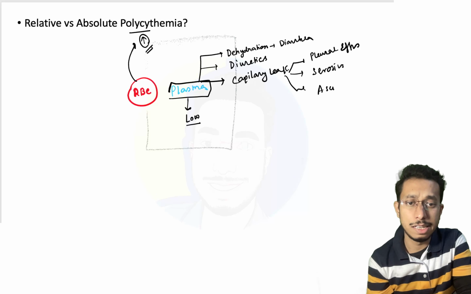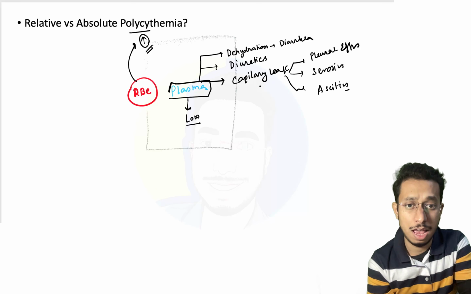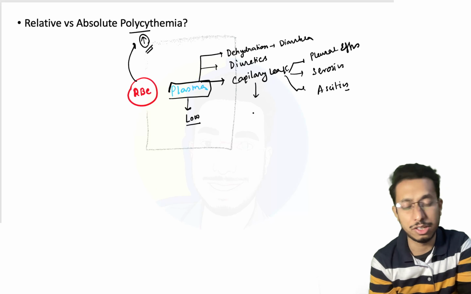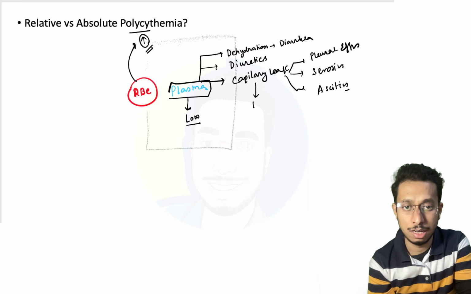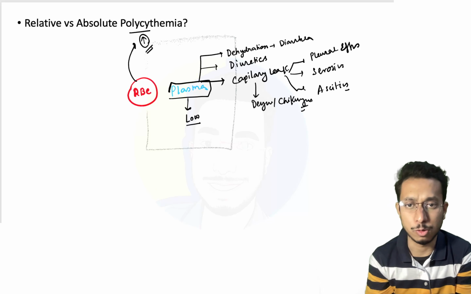And when is capillary leak seen? Capillary leak can be seen due to drugs, different diseases, and most commonly in infectious diseases like tropical illnesses such as dengue and chikungunya. All right. So here we come to the concept of relative versus absolute polycythemia.